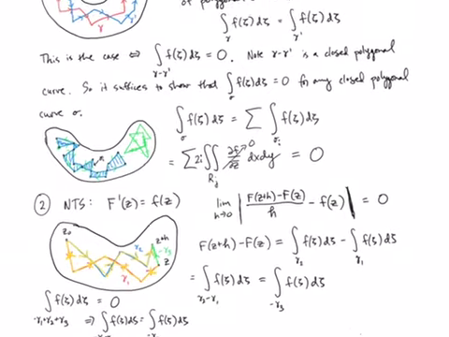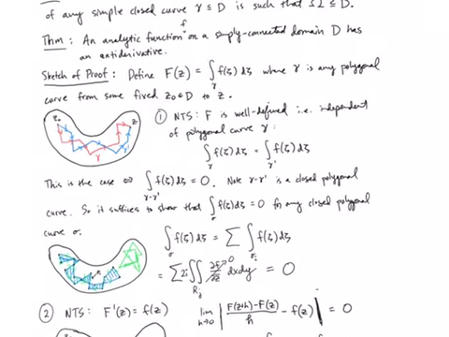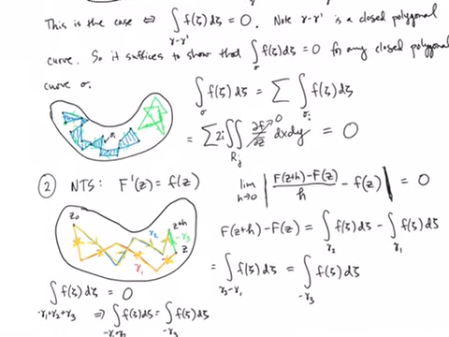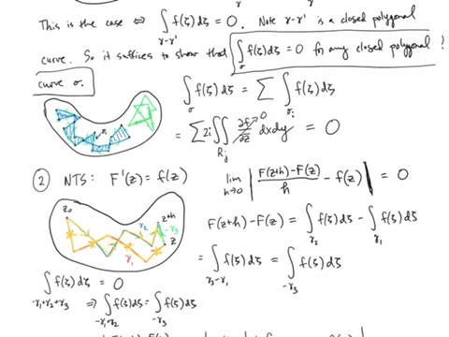Okay. So that shows that on a simply connected domain, an analytic function has an antiderivative. And the place where we use the simply connected is to show that the integral around any closed polygonal curve is equal to 0.